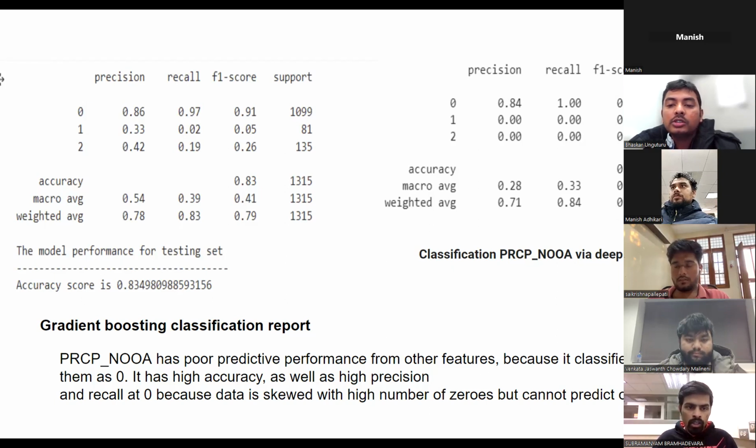That means it is not able to classify class 1 and class 2, because it identifies all the values as 0 only. On the right-hand side is the classification report for precipitation via the deep learning method. In that case also, it is not performing well.